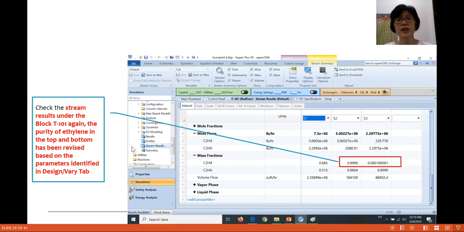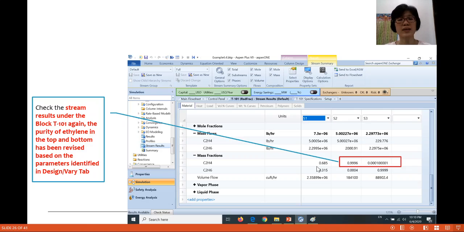Okay. So other than this, you can also check the result stream under the block. So now, this is your targeted purity. We have successfully obtained the product with the desired purity. Okay. Ethylene in the top product, ethylene in the bottom product. This is the mass fraction.